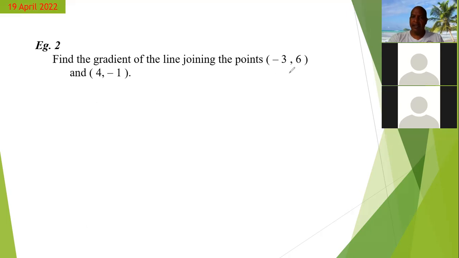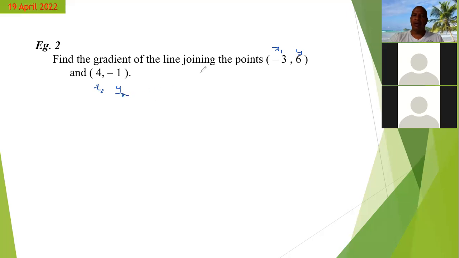All right. The best thing you can do when you're doing this is to label your points if you're confused with the numbers. Label them whichever way you like. If you want to label the first one as x1, y1, the other one you would label x2, y2.